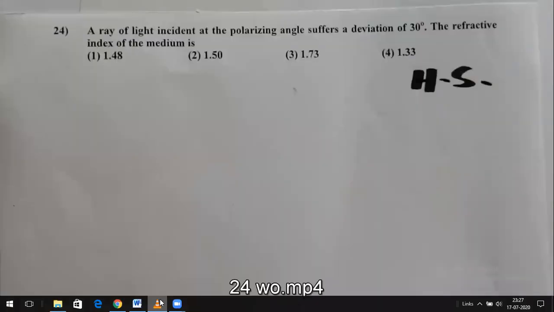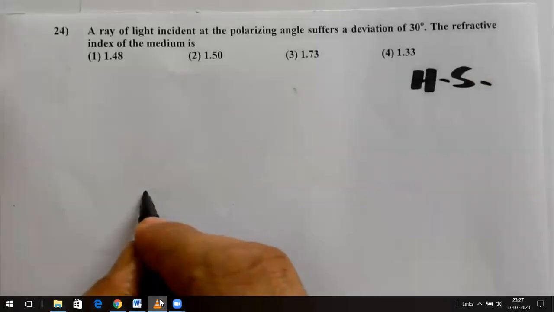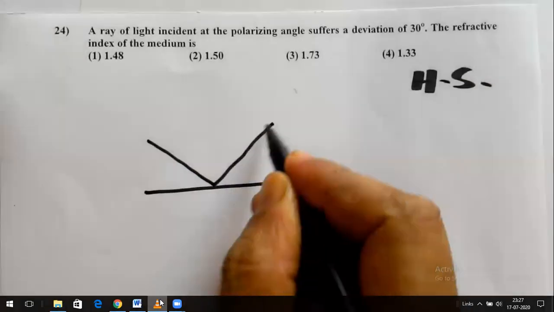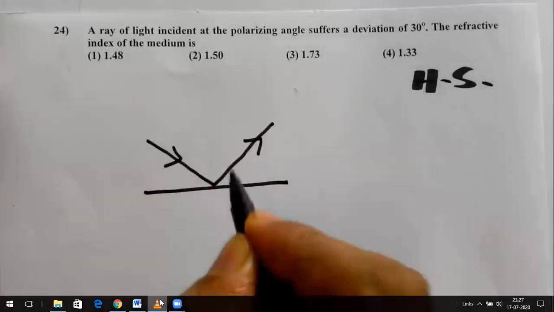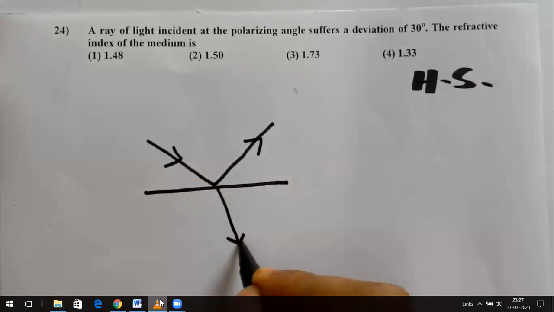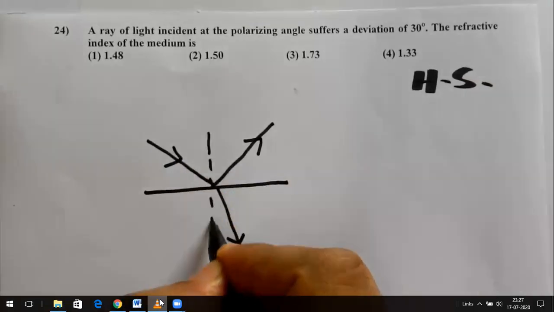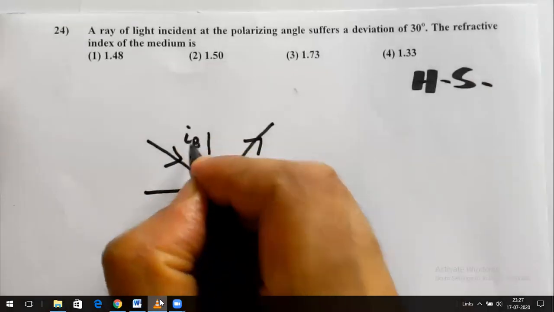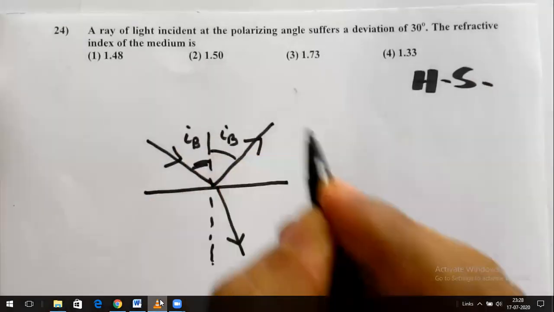Light incident at the polarizing angle suffers a deviation of 30 degrees. The refractive index of the medium is? Now, when a ray of light is incident at the polarizing angle, we know that the reflected light is completely polarized and refracted light is partially polarized. I will call this angle IB, and the angle of reflection is also IB.